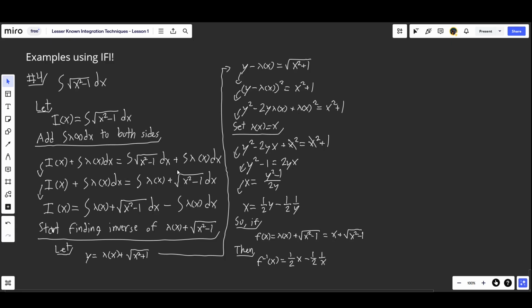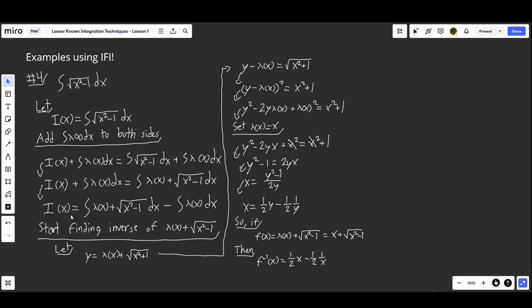Using the linearity rules of integrals on the right side, we can add these two integrals together to just have the indefinite integral of lambda of x plus the square root of x squared minus 1 with respect to x. Subtract the indefinite integral of lambda of x with respect to x on its own on the left side over to the right side, and we have this equation.